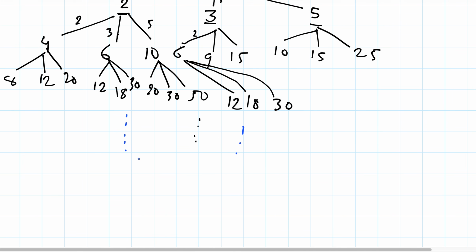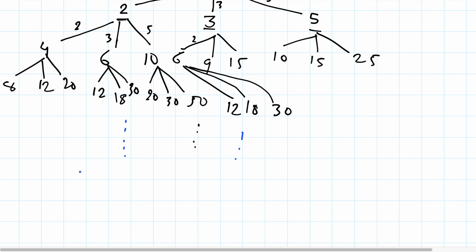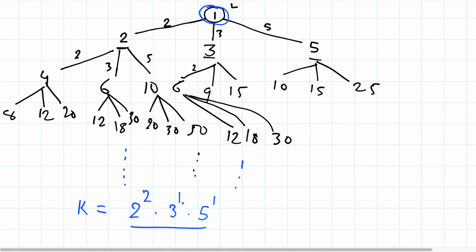It will not miss any, because if say we have an ugly number k, then it will be represented as, let's say, 2 to the power 2, 3 to the power 1 and 5 to the power 1. Then this will be present in this tree because 2 has power 2, so go leftmost branch once, then again, so it will be 1 into 2, and then if we again take the left branch, it will be 2 into 2, that is 2 square.